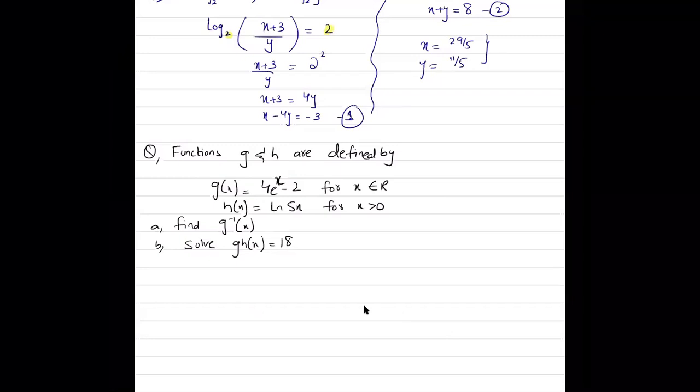First of all, you complete both parts and then I can solve it in one go.